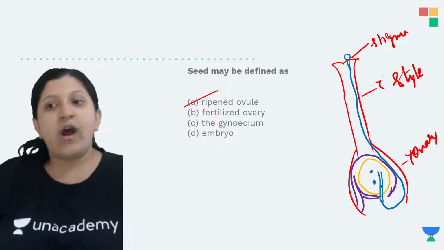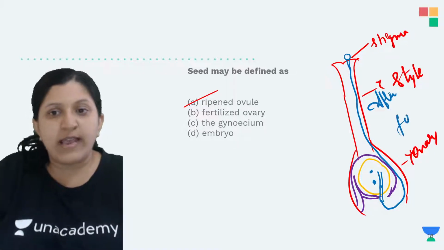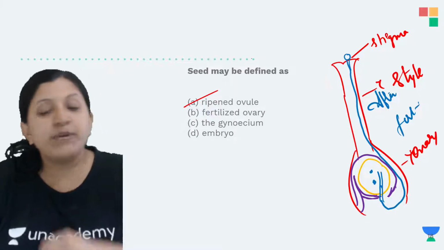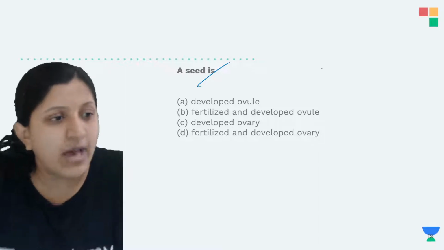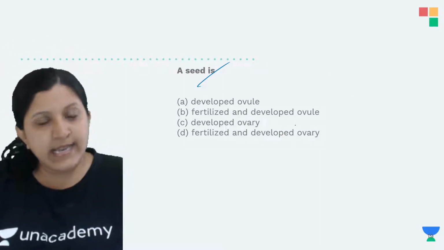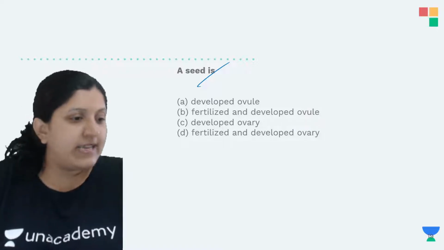After fertilization, the ripened ovule itself is a seed. So seed is a developed ovule: fertilized and developed ovule, developed ovary, or fertilized and developed ovary.